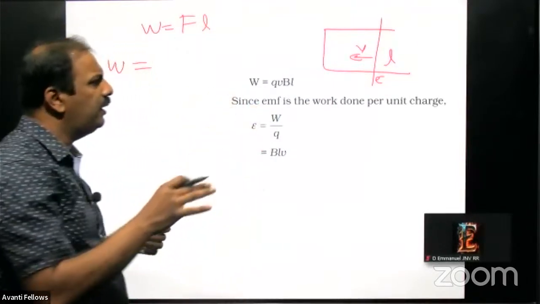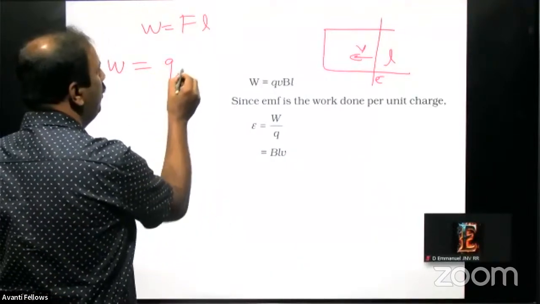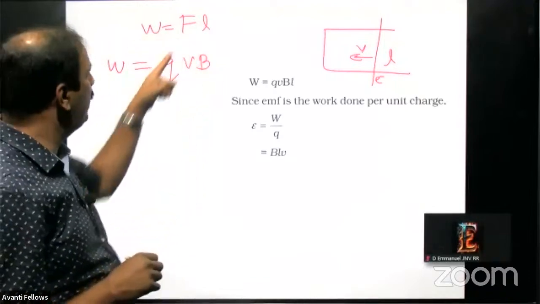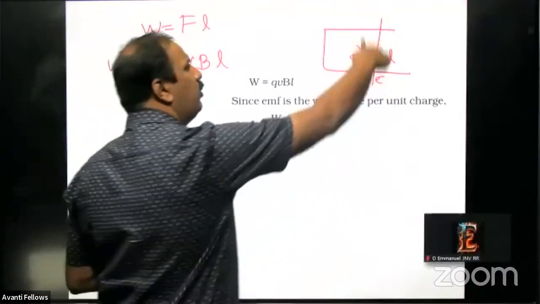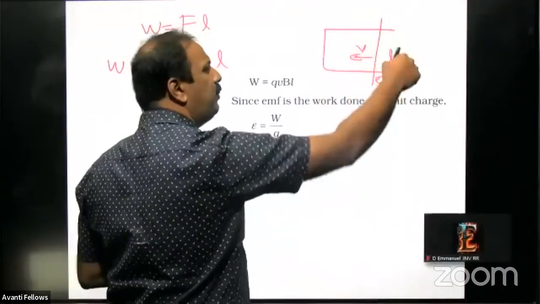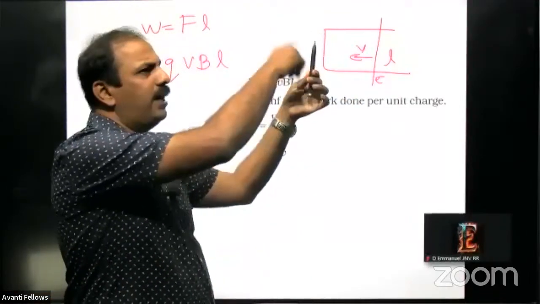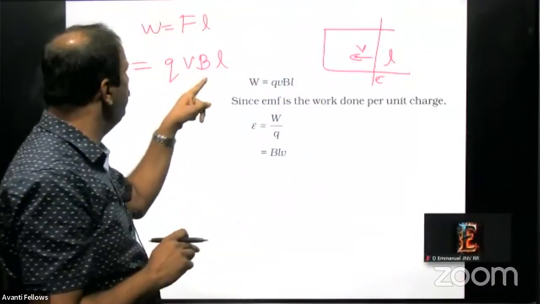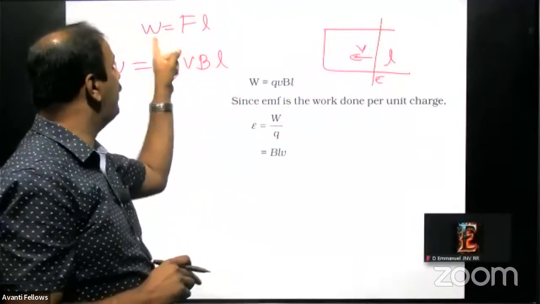When a charged particle is in the magnetic field, the force is given by QVB, which we already studied in the previous chapter, into L. So this will be the work done. That is, the electrons are moving in this one. When a metal rod is moving like this, the electrons will experience a force and it will move like that. So the force is given by QVB and it is moving a distance L here. That's why the work done will be that one.